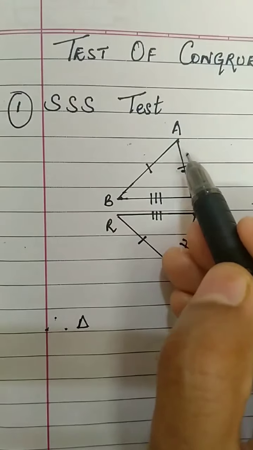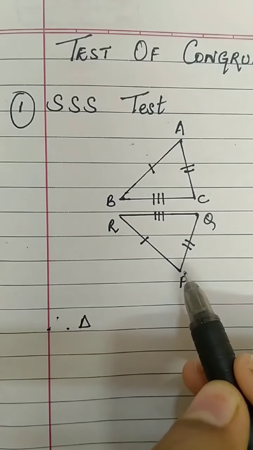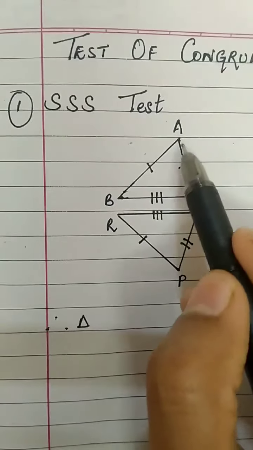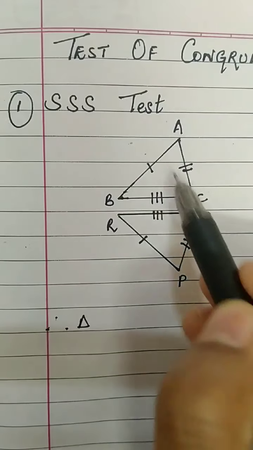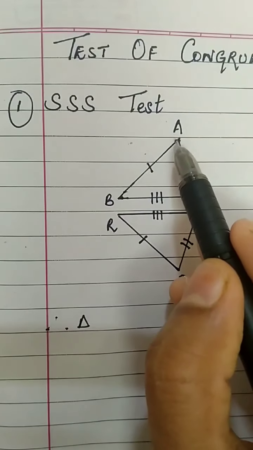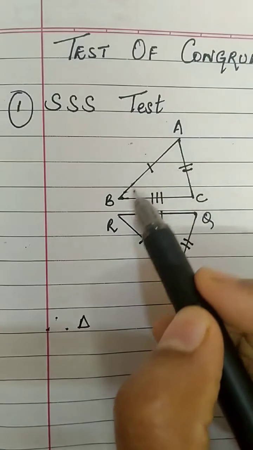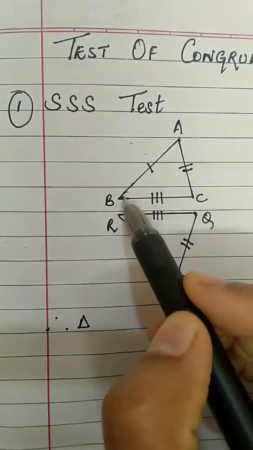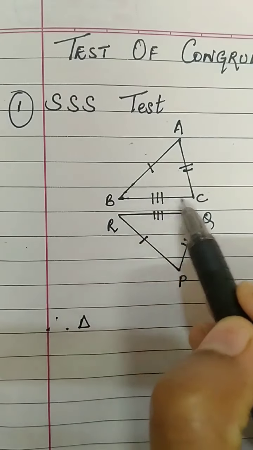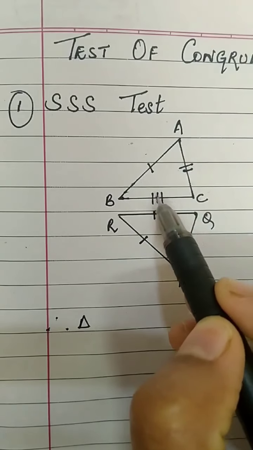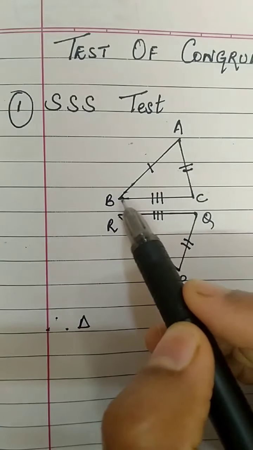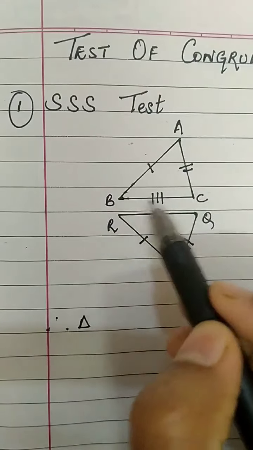The way you name the first triangle, in the same pattern you have to name the second triangle. If you name it as ABC, you go from single marked side to triple marked side, ABC.